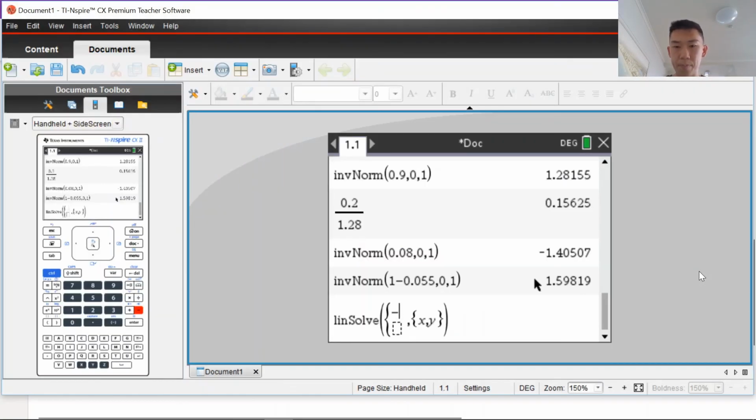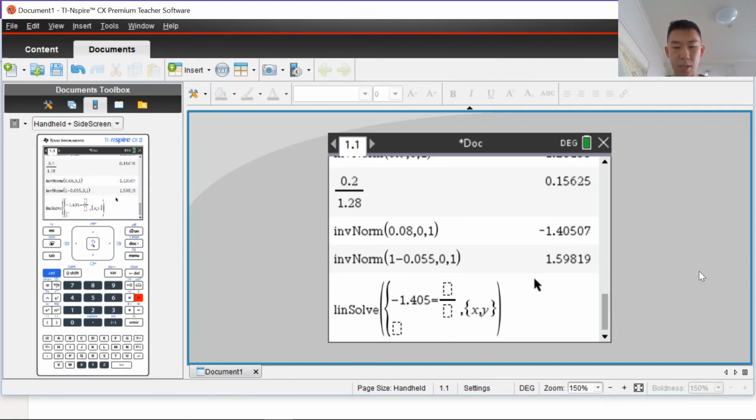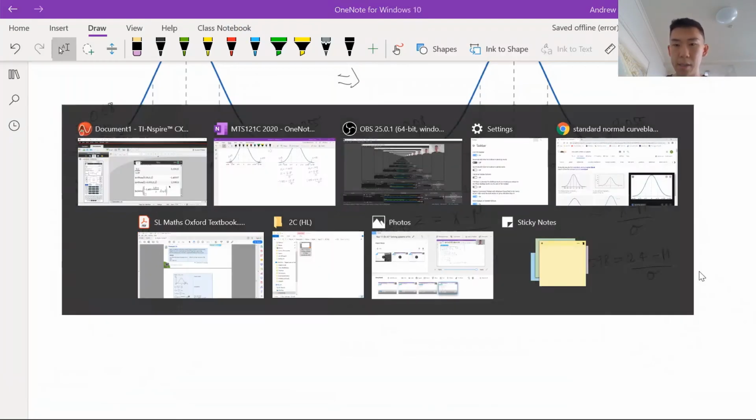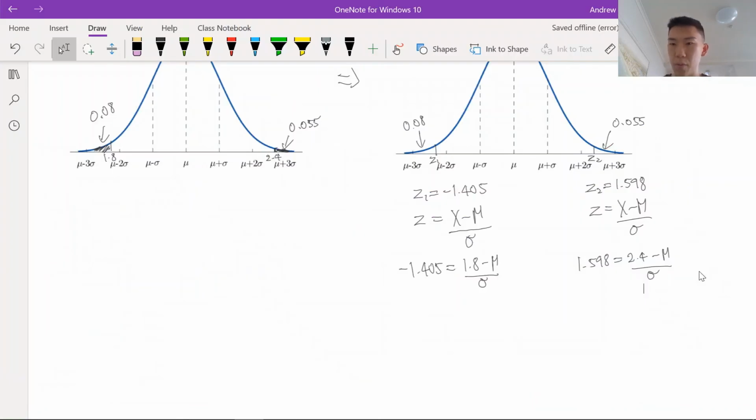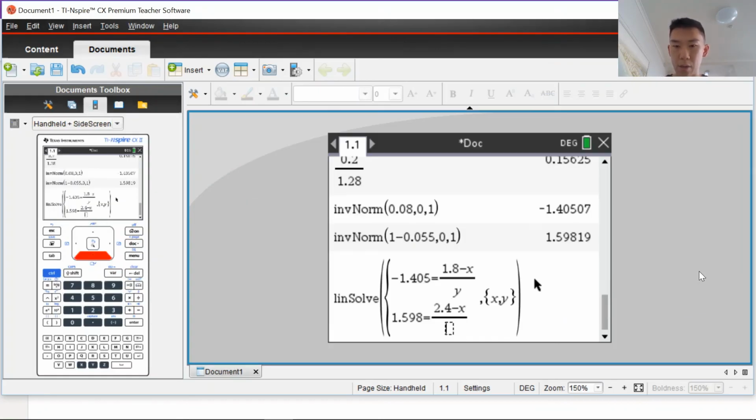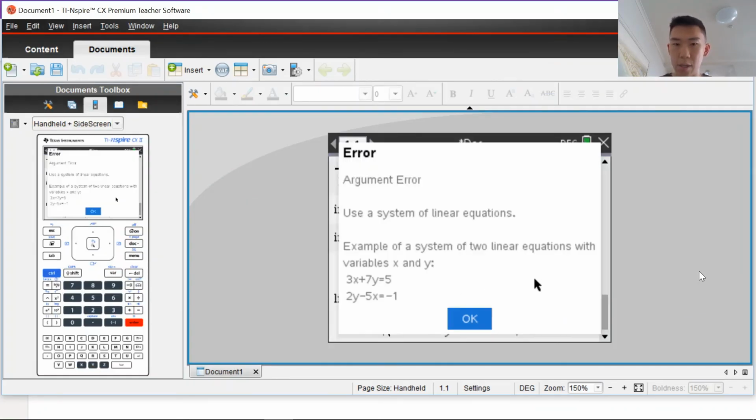So negative 1.405 equals, let's just use x and y, 1.8 take x, so let x be our mean and y be our standard deviation, and then 1.598 equals 2.4 take mean over standard deviation.